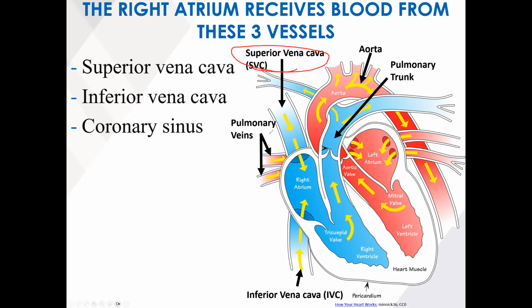So superior vena cava draining blood from the head and the arms, the inferior vena cava draining blood from, you can just think of, everything below the diaphragm. And then you really can't see it in this picture, but that coronary sinus would be draining blood in about here-ish. So we'll just draw a dot for it. So those three vessels are all supplying deoxygenated blood to that right atrium.